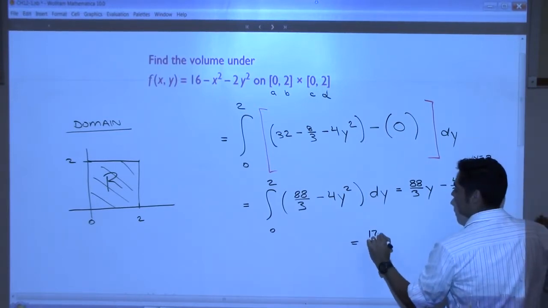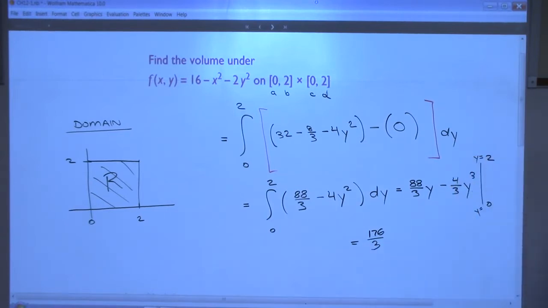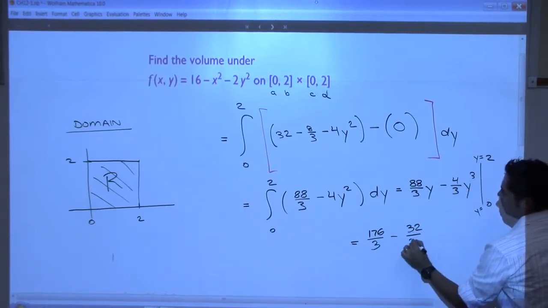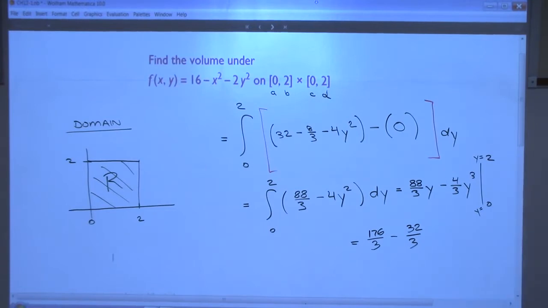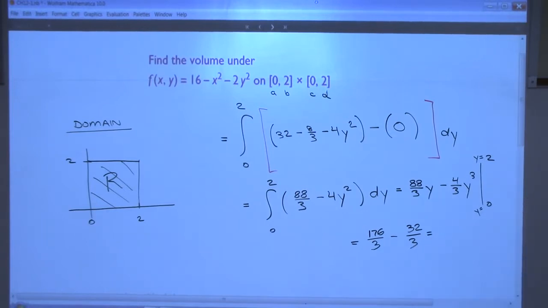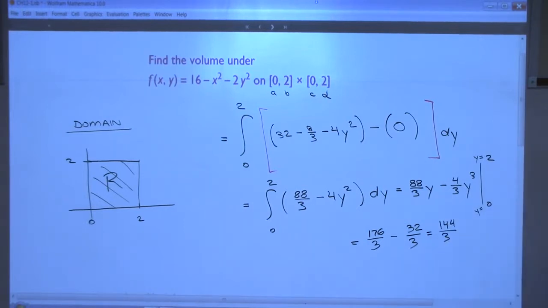176 thirds. Is that right? 176 thirds minus 8, 32 thirds, is 144 thirds. That goes in, doesn't it? 48?